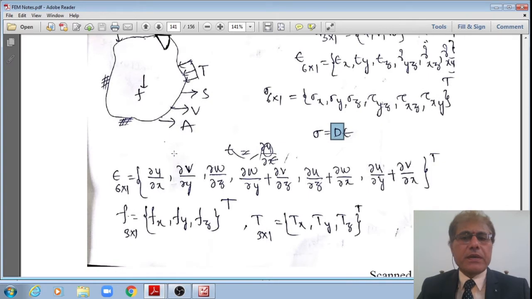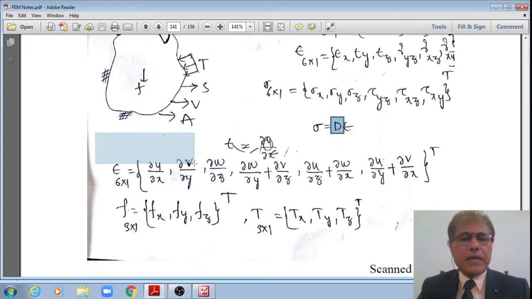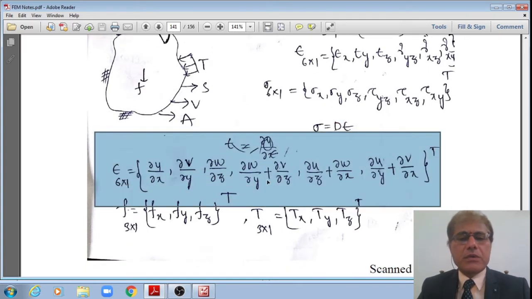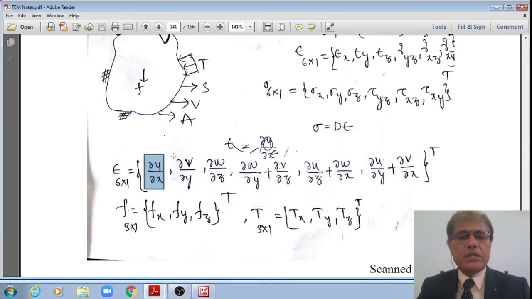Now, we know the strain vector is given by the normal strain in x direction as dou u by dou x, the normal strain in y direction as dou v by dou y, and the normal strain in z direction as dou w by dou z, and the shearing strain gamma yz as dou w by dou y plus dou v by dou z, the first term.